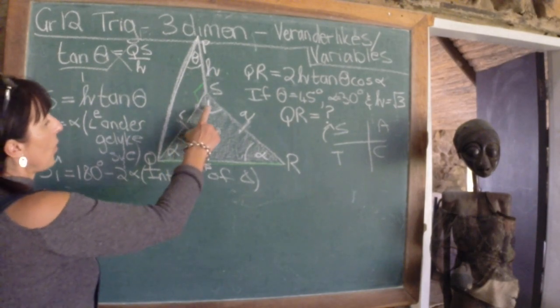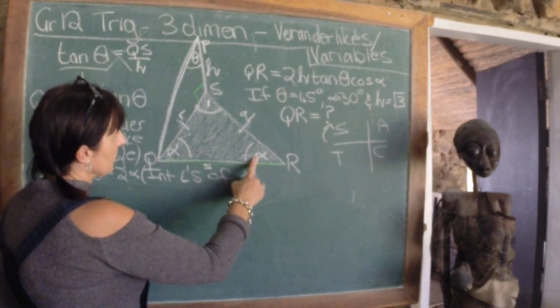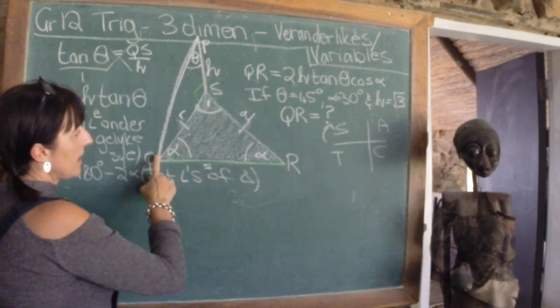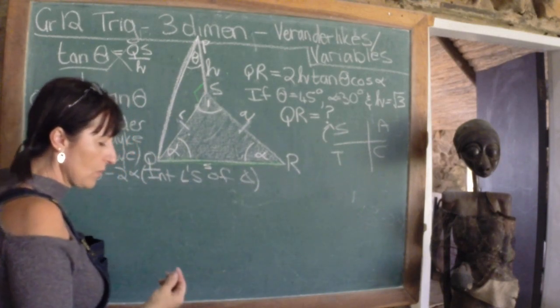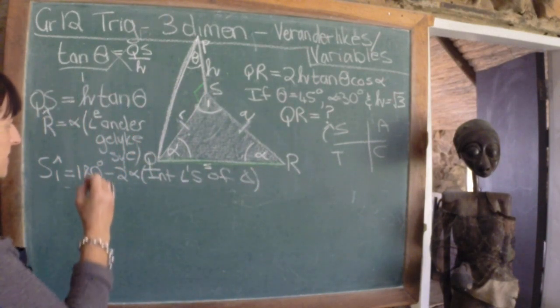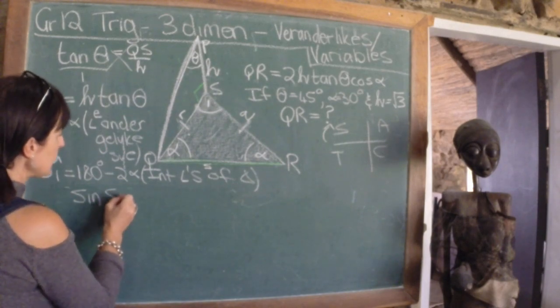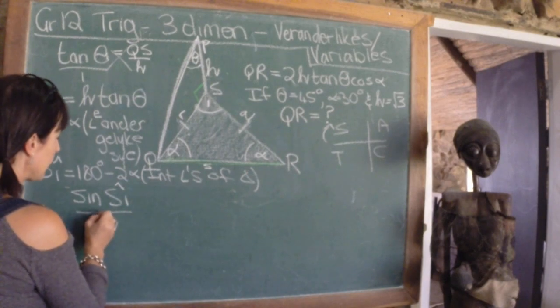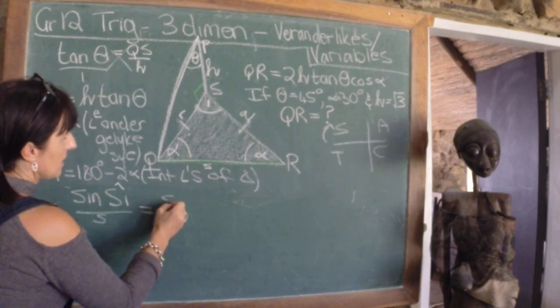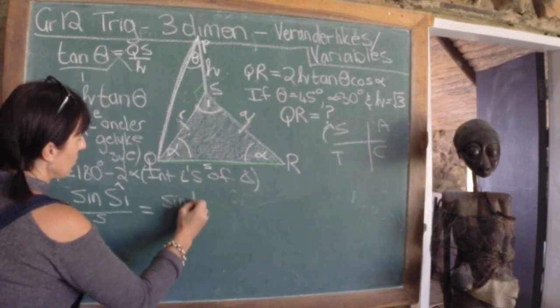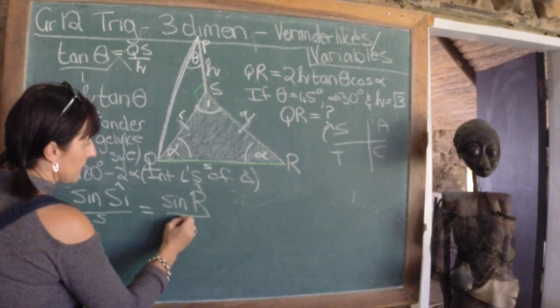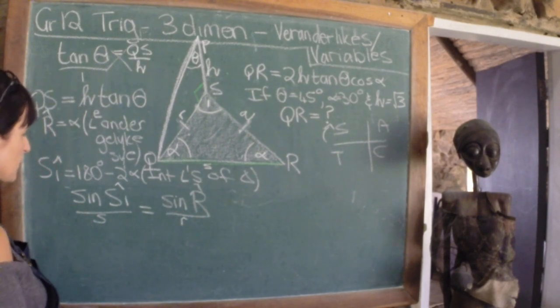So now I've got all three angles, I've got one side and I need another side. So kom ons gaan gebruik die sinreël. Die sinreël sê, die sin van S1 op klein s is gelyk aan die sin van hoek groot R op klein r. So let's do a bit of substitution.